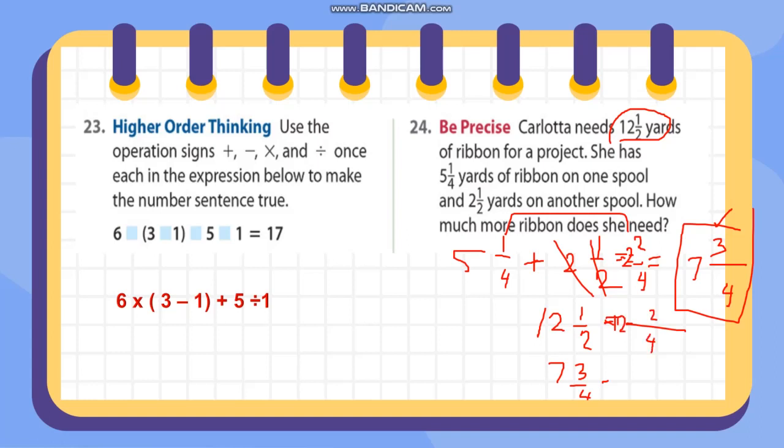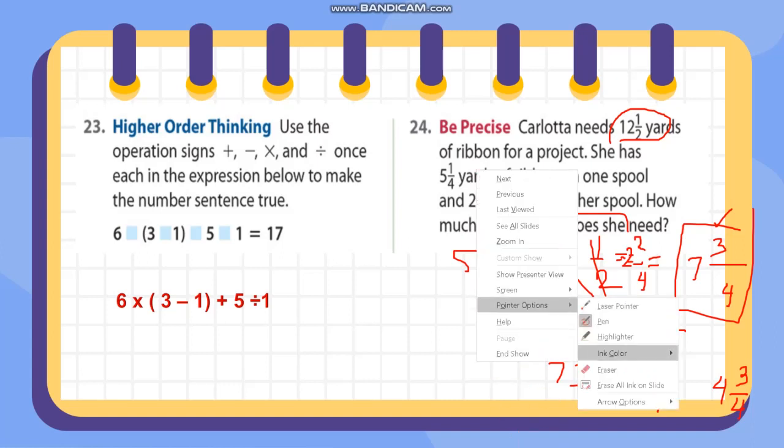So 12 and 2/4 minus 3/4. 2 minus 3 cannot be, so we need to borrow from 12. This becomes 11, and this becomes 6. So 6 minus 3 is 3, then copy the denominator 4, and 11 minus 7 is 4. That's why the final answer is 4 and 3/4 yards.